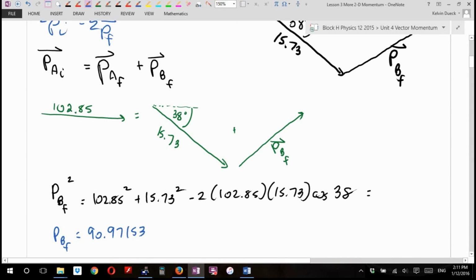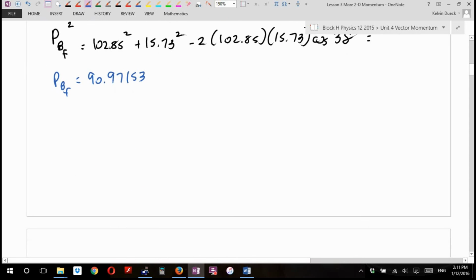That should guarantee me at least 3 figs of accuracy. In fact, it'll give me more than that. Oh, if only we were done. It's not even what the question asked me to find. I've just found the final momentum of object B. Because what did this question ask me to find?